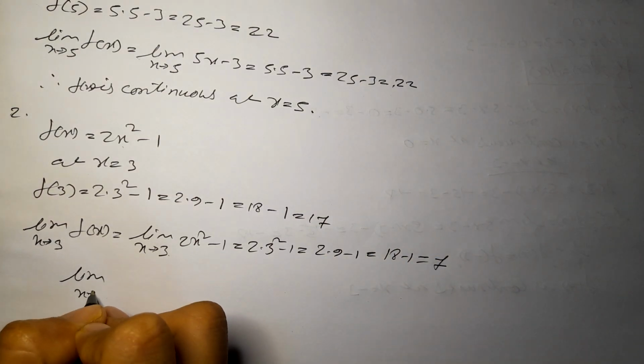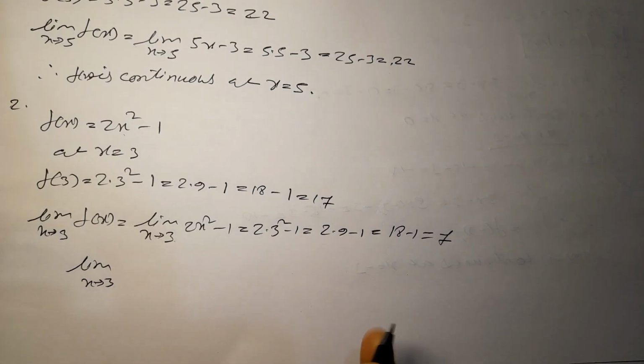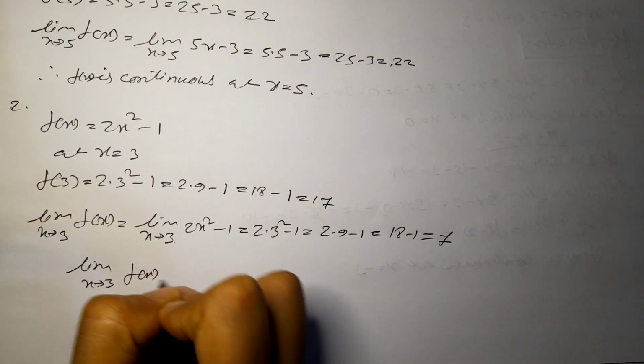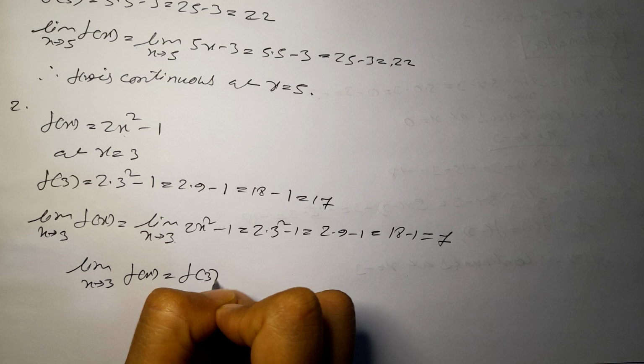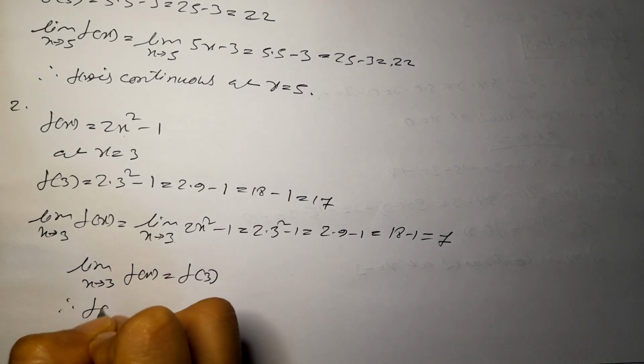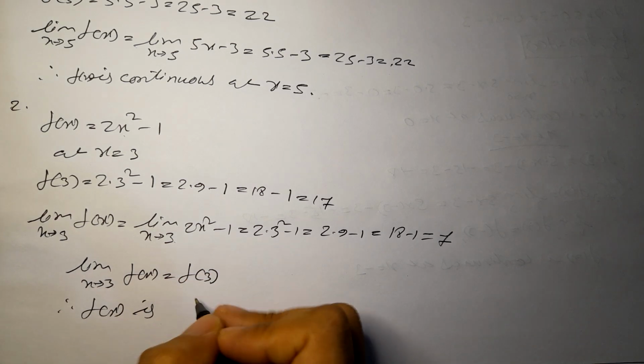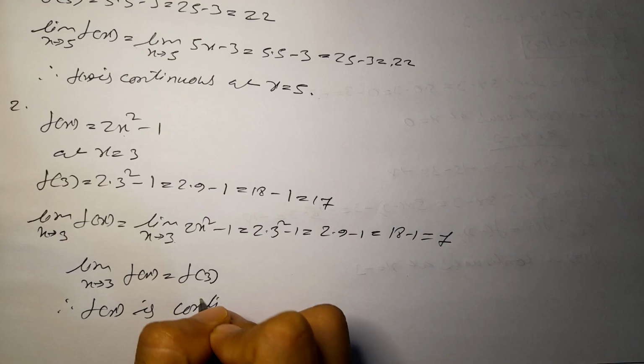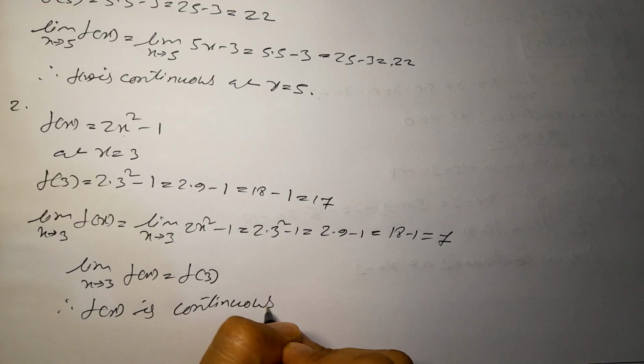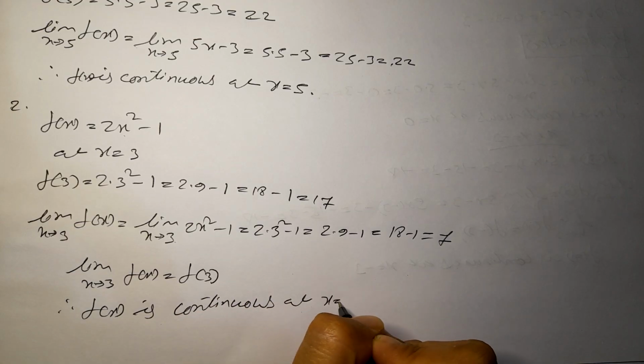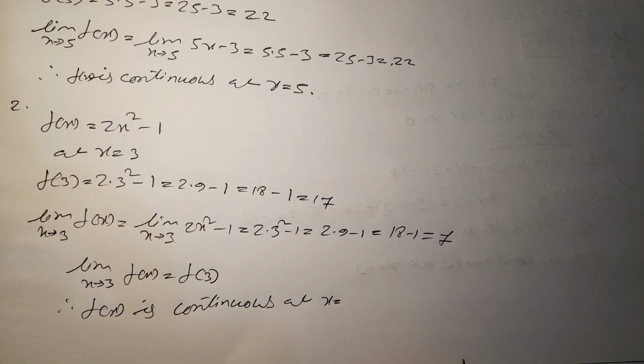Limit x tends to 3, f(x) is equal to f(3). Therefore f(x) is continuous at x equal to 3.